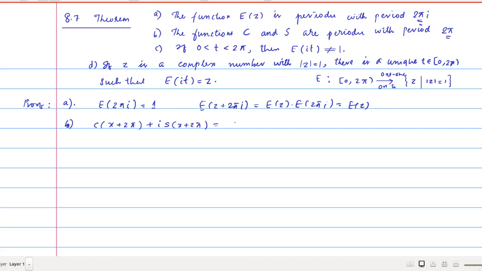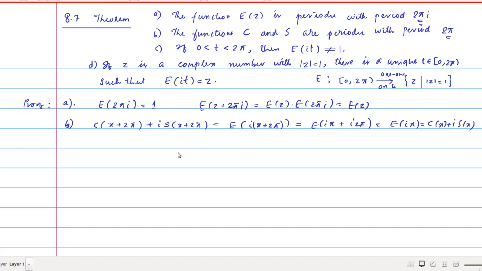This is in fact e of I times x plus 2 pi, by the definition of c of x and s of x. So this can be written as e of I x plus I times 2 pi. And this can be written as e of ix, because 2 pi I is the period of this capital E. What is e of ix? e of ix is c of x plus I s of x.